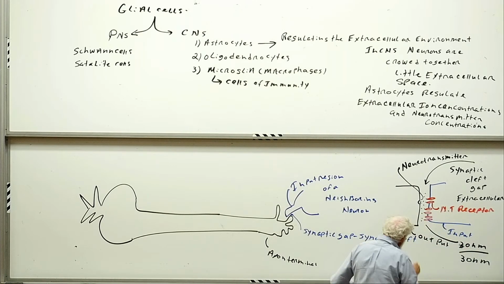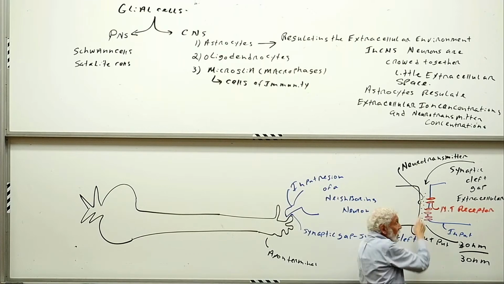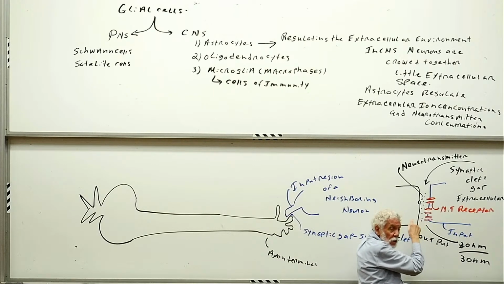And in this confined space, the concentrations of neurotransmitter can build up depending upon the activity in this output region. If the neurotransmitter builds up high enough in these spaces, I think you can see that we can overly activate these receptors. So one of the things we need to do is regulate the amount of neurotransmitter that gets built up in these clefts.